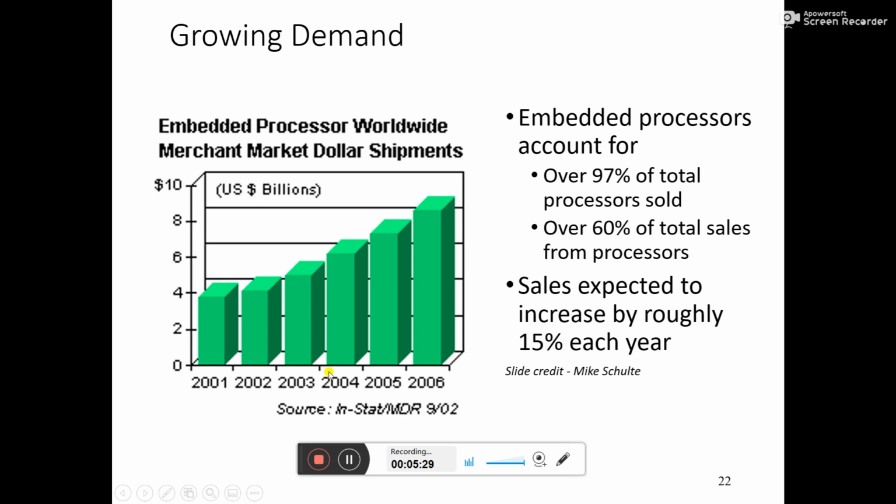As time increases, the market for embedded system microprocessors is increasing worldwide. Over 97% of the total processors are sold for embedded use, and over 60% of total sales come from these processors. Sales are expected to increase by roughly 15% each year.